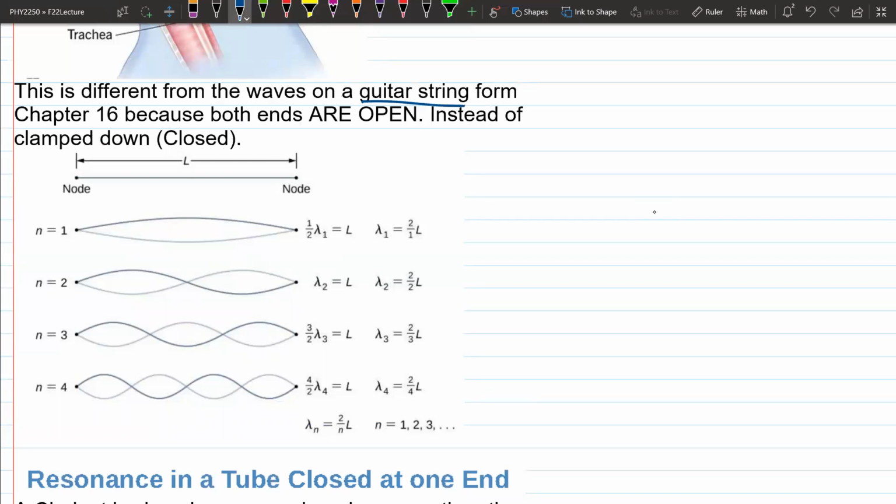When you pluck a guitar string, it can vibrate with this wavelength, okay? This wavelength is actually 2 times the length of the guitar string, because to complete the wave, you have to extend this out, right? So this is lambda over 2, and this is lambda over 2.